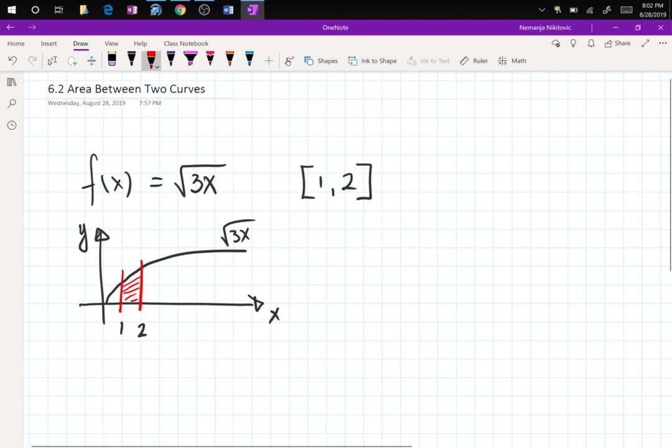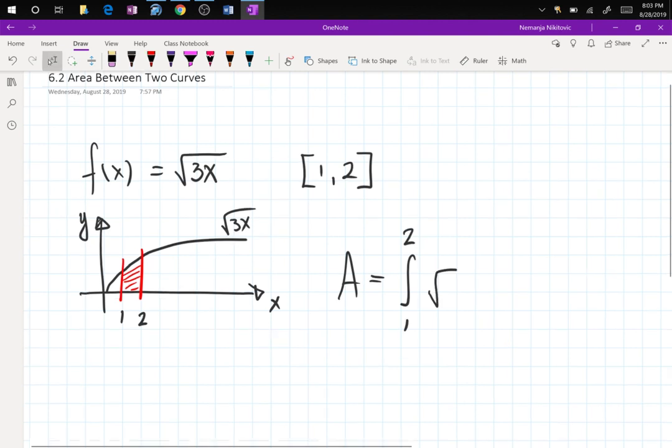So anytime you want to accumulate amounts or calculate areas, or energy in physics, you use an integral. We will set this problem up as area equals integral from 1 to 2 of square root of 3x dx.